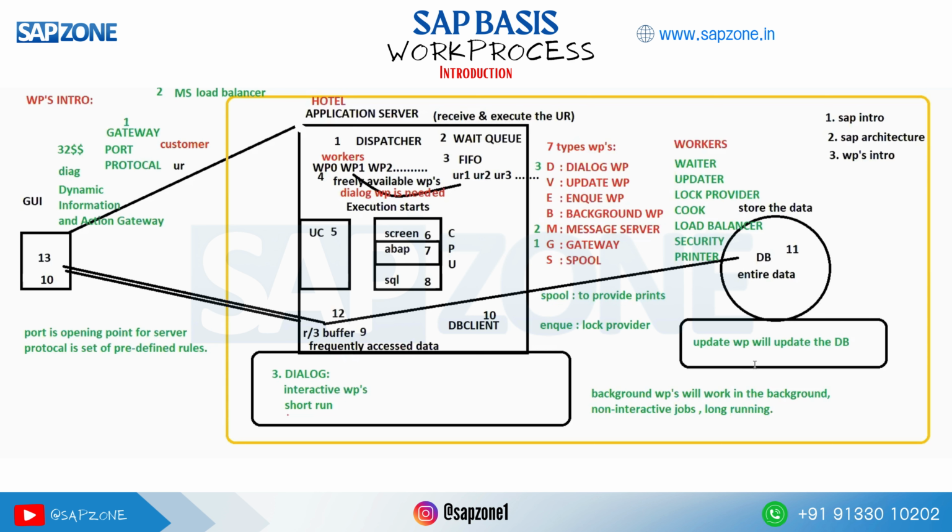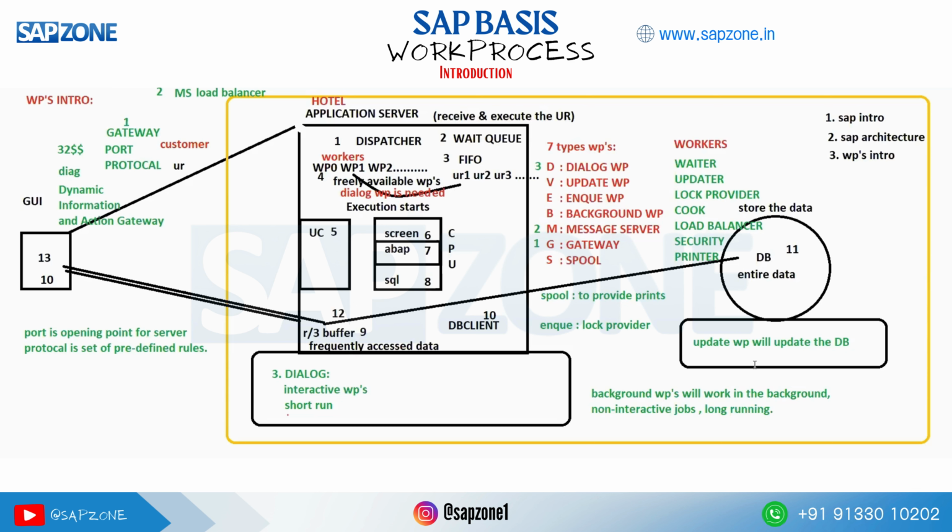Those kinds of things are locked by the NQ work process. NQ is a lock provider. Whenever an update is running in the background, NQ will come and lock that particular record. Someone else should not do the same update on the same record.